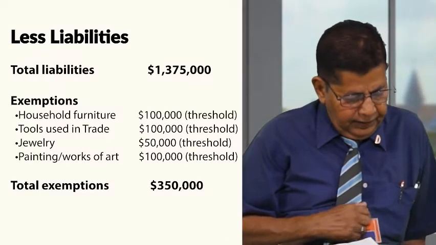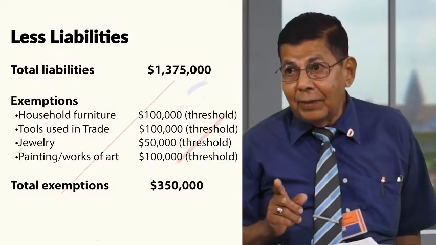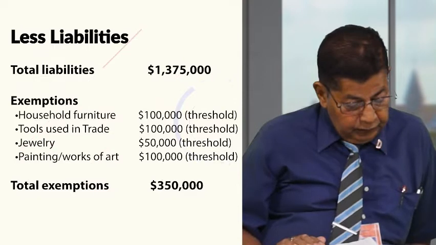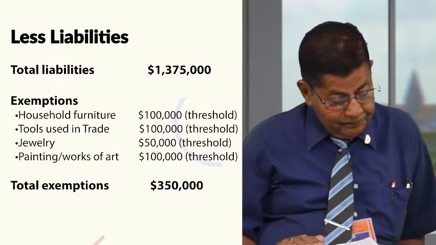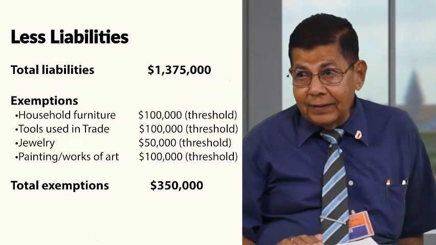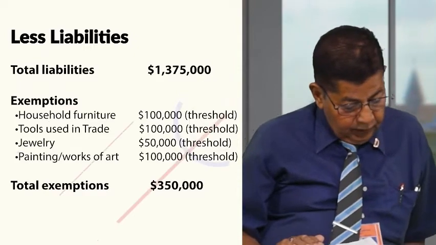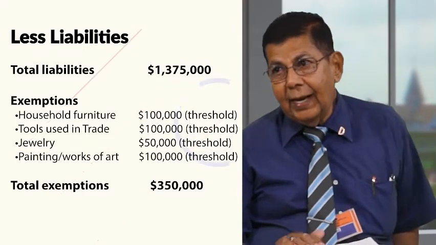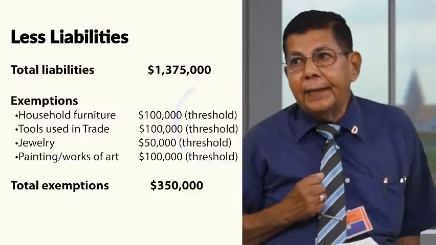We have household furniture, $100,000, exempted. You have tools used in trade, $100,000. We have jewelry, $50,000. And paintings and works of art, $100,000. These are exempted.